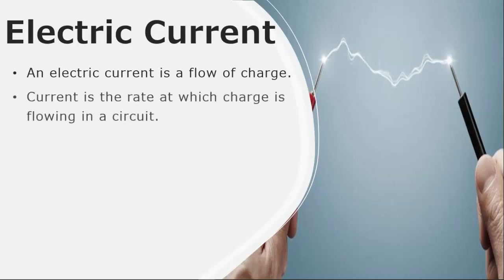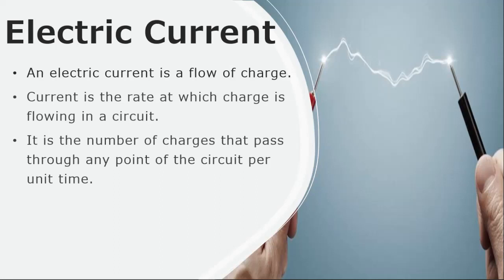Current, in other definition, is the rate at which charge is flowing in a circuit, which means that it is the number of charges that passes through any given point of a circuit per unit time. Based from this definition, we can have the formula: the current is equal to the charge divided by the time.